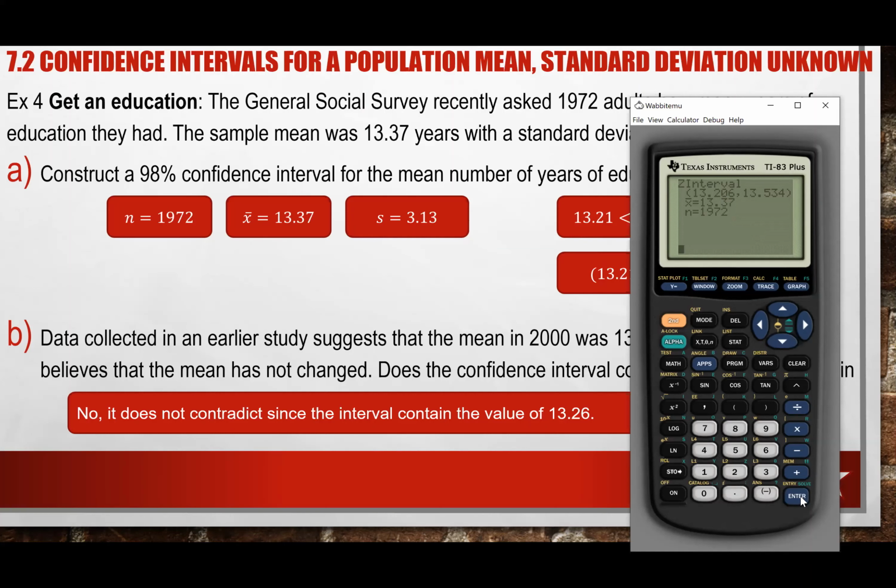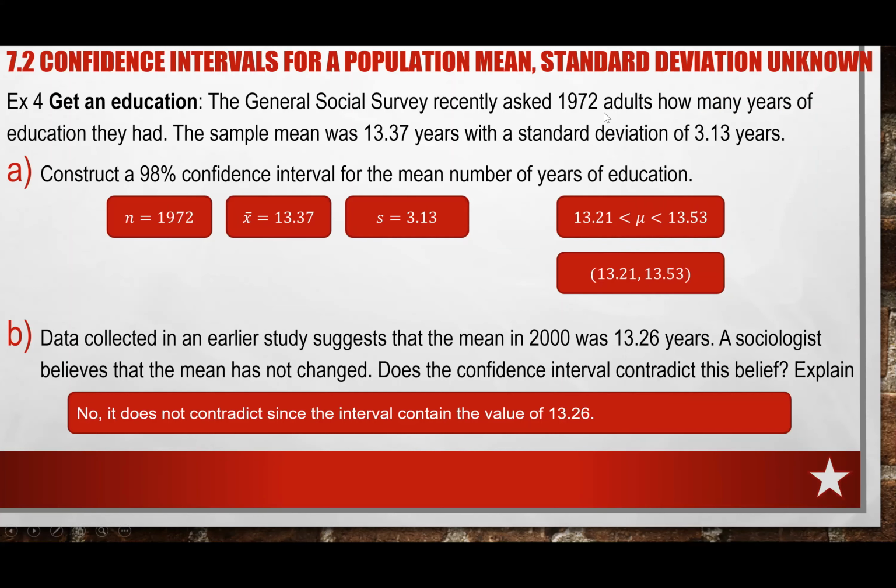The result, as you can see, is 13.206 and 13.534. The reason is, the bigger the n value, the t distribution turns into a standard normal distribution, which is the z.